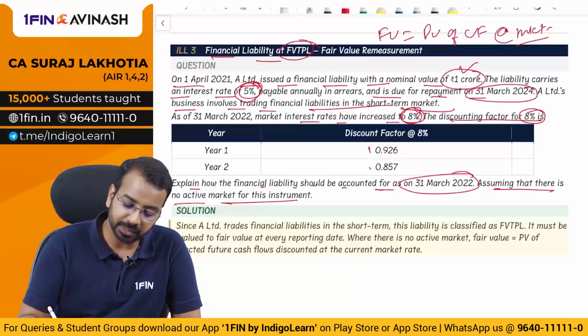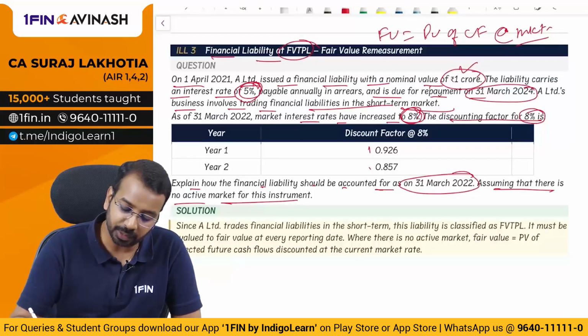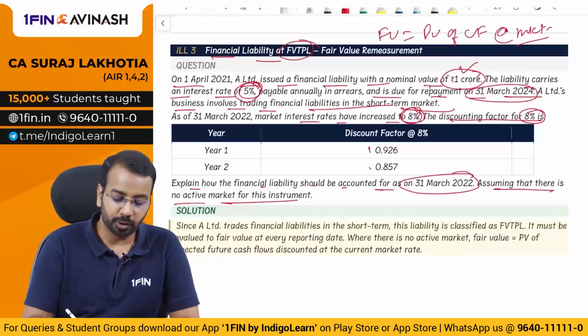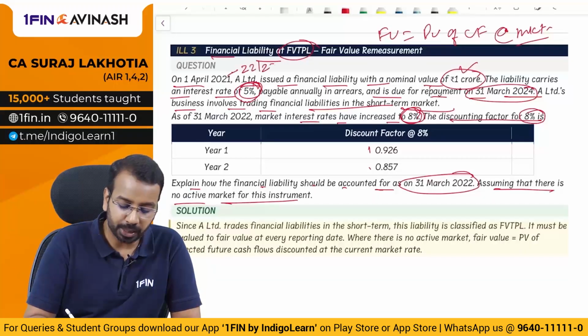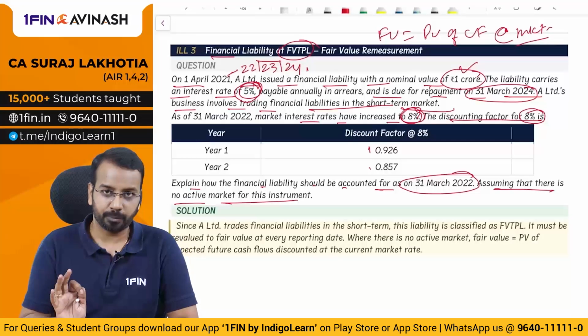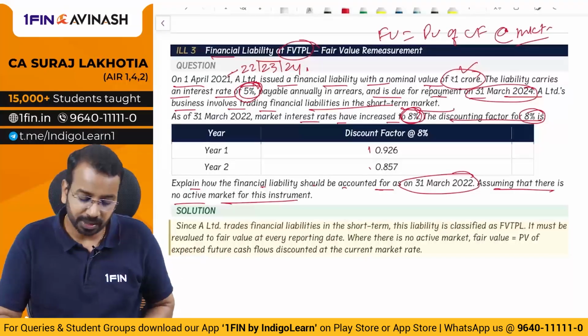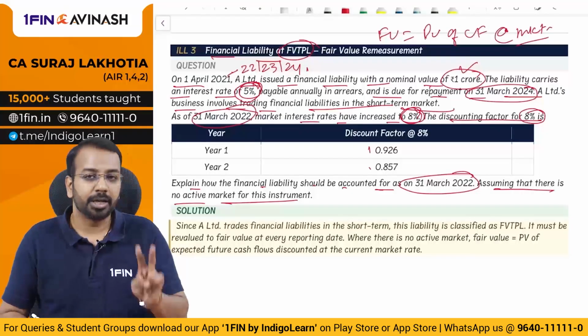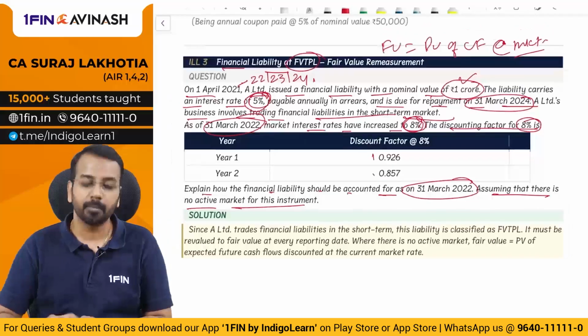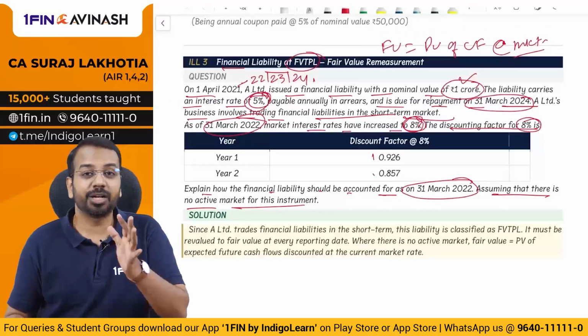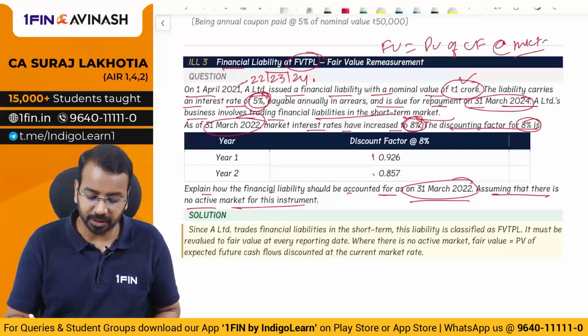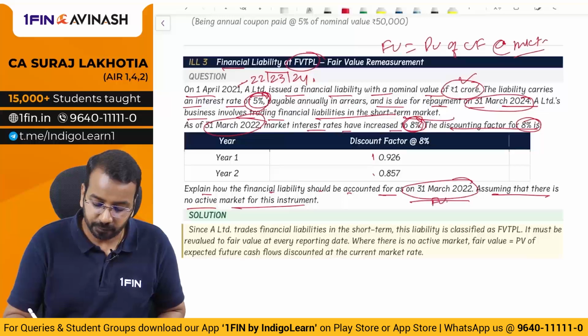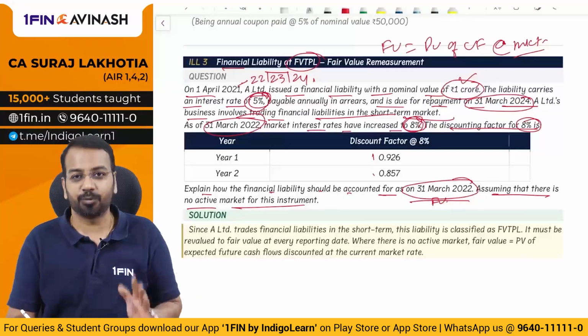See, this is a financial liability, it is due for repayment on 31st March of 24. So, 21 to 22, 23, 24, it is a 3-year loan. 1 year has passed by, we are standing on 31st March of 22. Now, 2 years payments are left. We need to calculate the fair value. Fair value means present value of remaining cash flows.